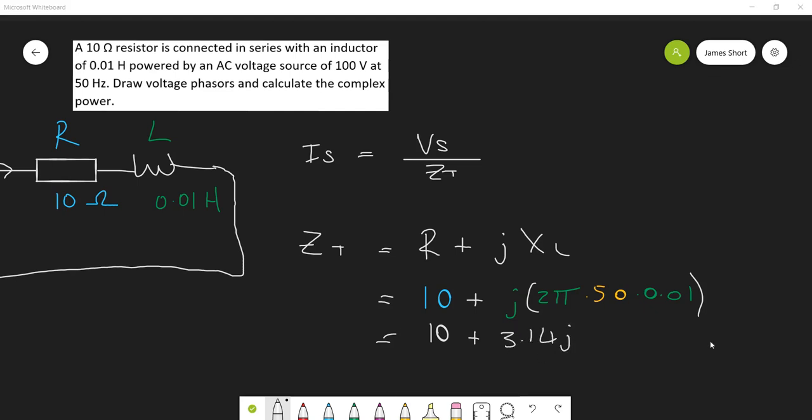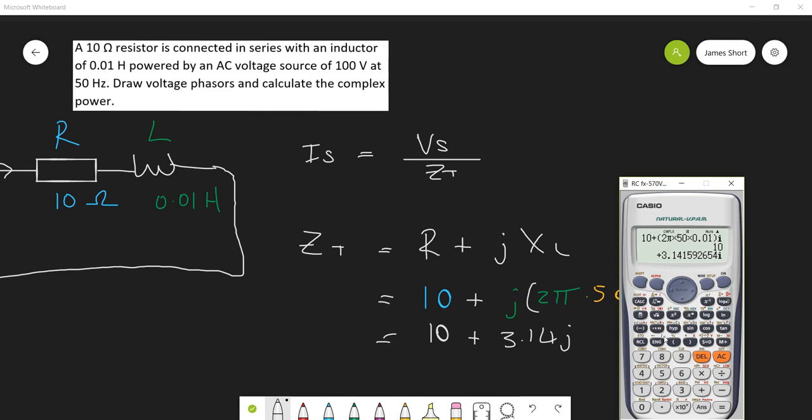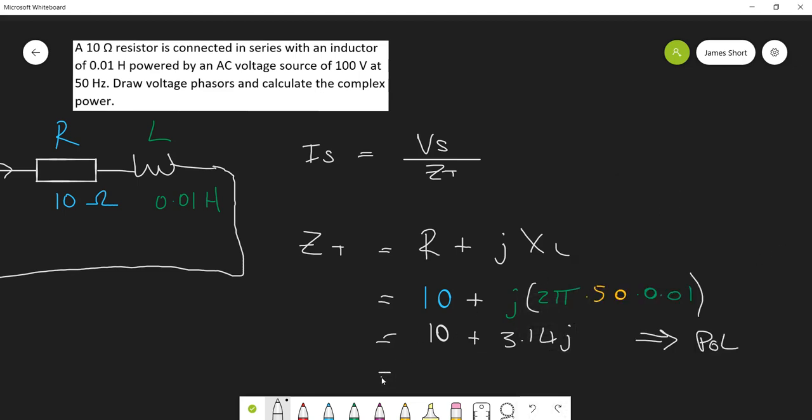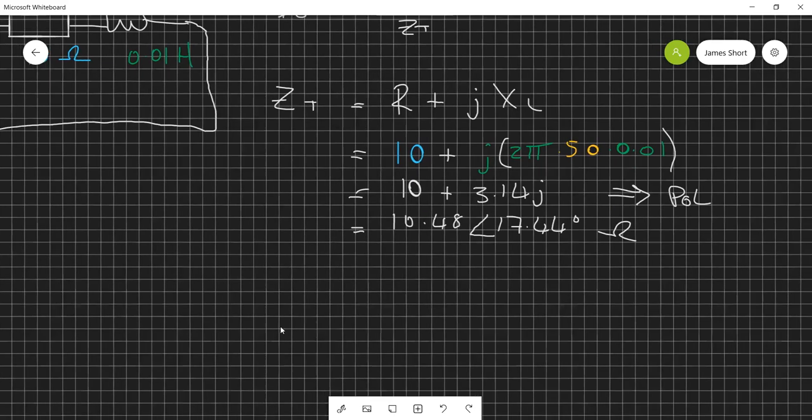We can convert that into polar, however you do it, I tend to just use this calculator, and we get 10.48, and that's at an angle of 17.44 degrees. And that's ohms.